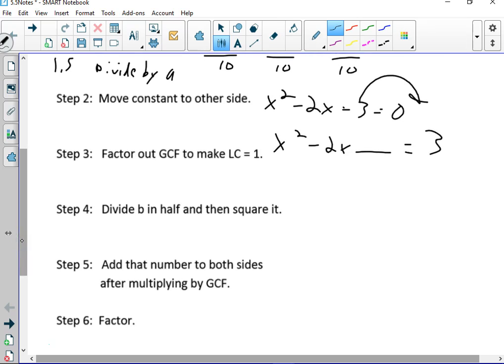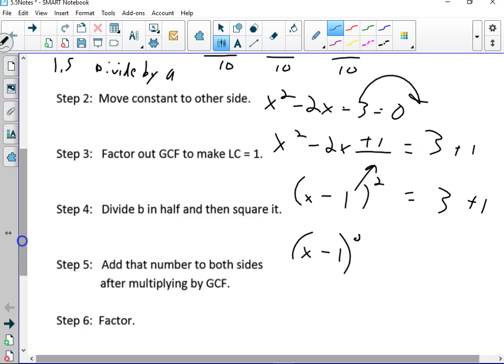Then we do the little trick with half of that, which is -1, and we're going to square it. So we're going to add 1 here, and that's going to give us x minus 1 squared equals 4.